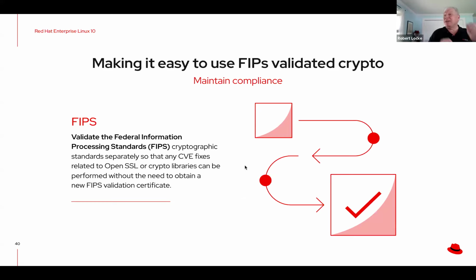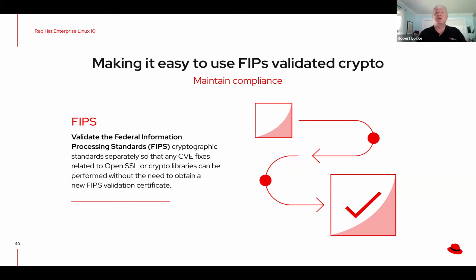Now, one of the other challenges, though, is that every time we have a CVE related to something like OpenSSL, which is the open source software library used to provide secure communications over networks, the remediation patch almost always requires a new FIPS validation certificate, which can take more than 300 days on average to obtain.